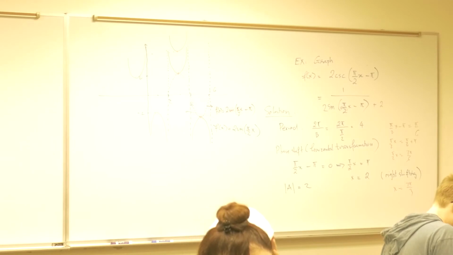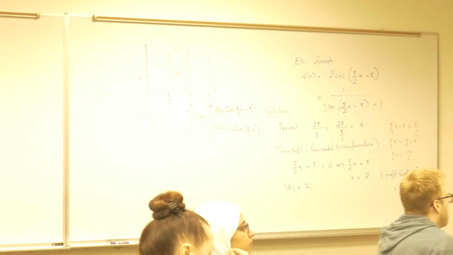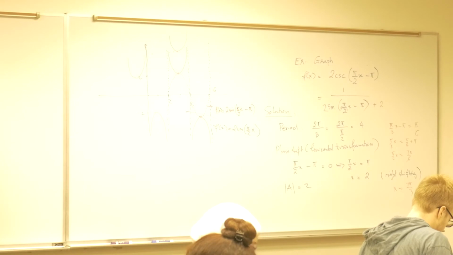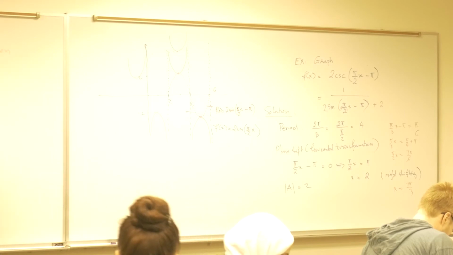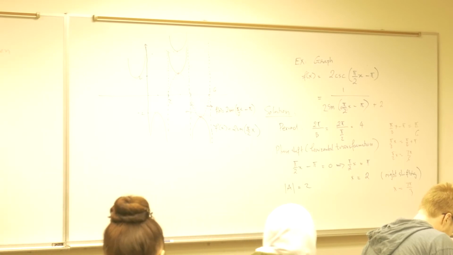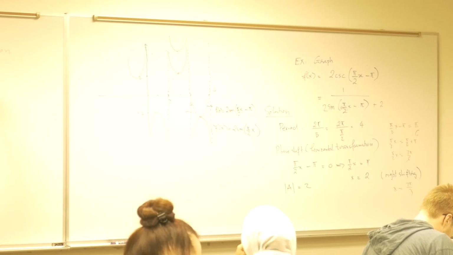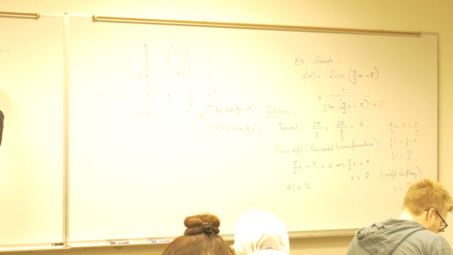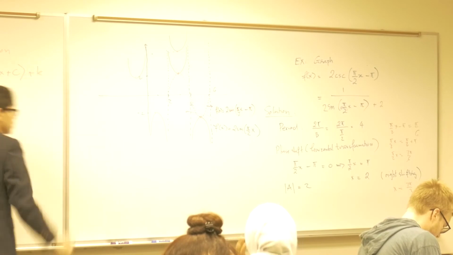The second function I want to talk about today is the secant function. The general form of the secant function will be the same as the cosecant. So we have f(x) equal to a secant of (bx plus c) plus k.